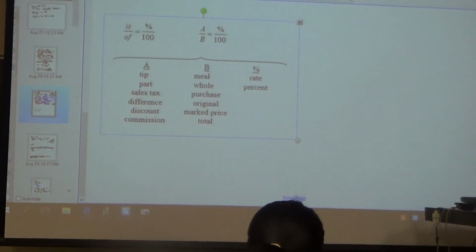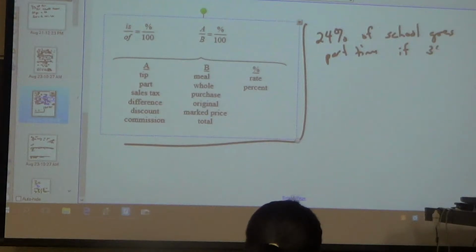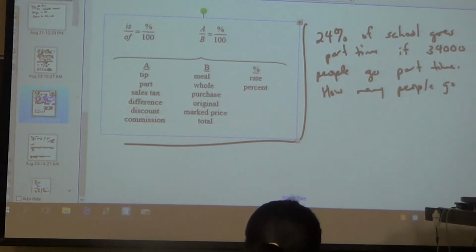Well, then you're going to start getting problems like: 24% of the school goes part-time. If 34,000 people go part-time, how many people go to the school?